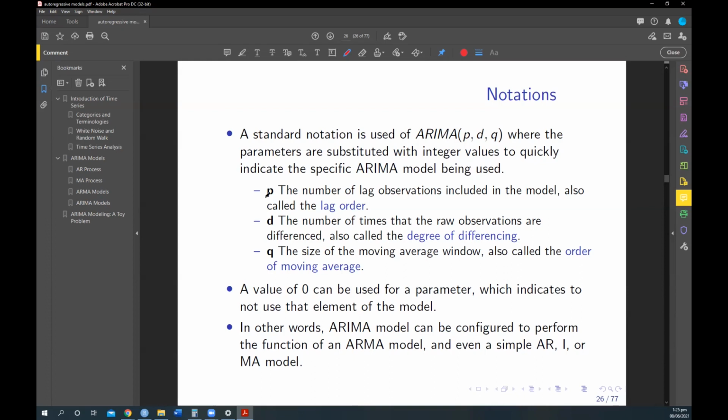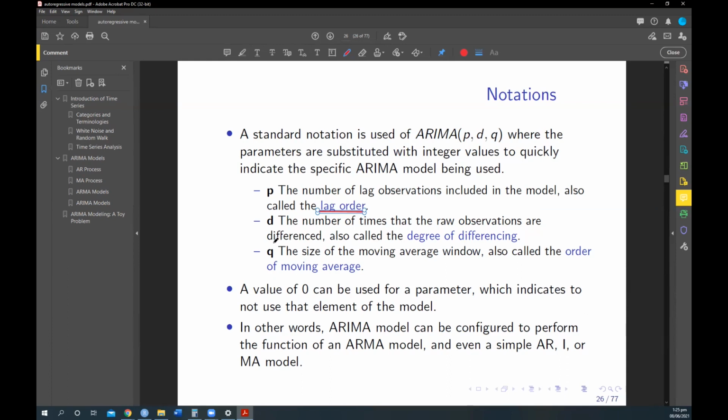So when we say lag observations, it means how many past observations you are going to use to predict the present. That's the idea, or this is also called the lag order. And d is the number of times that the raw observations are differenced.